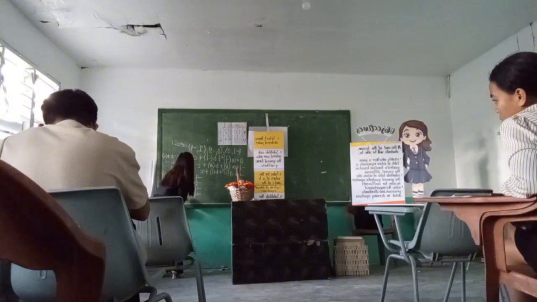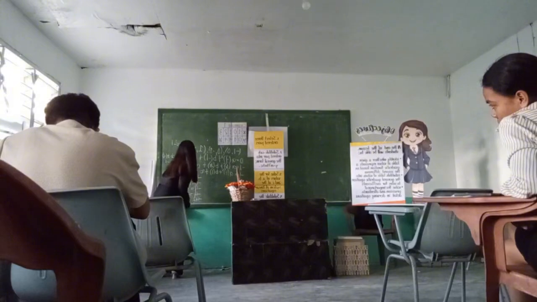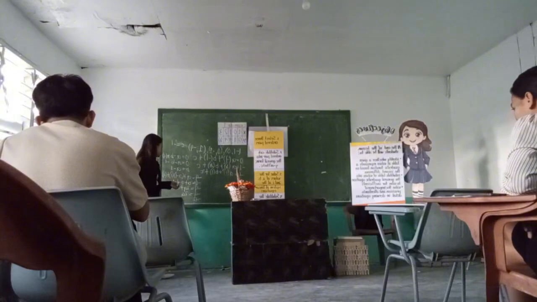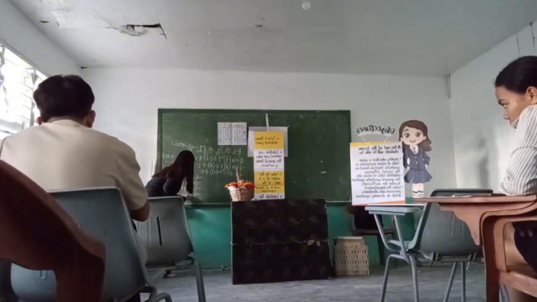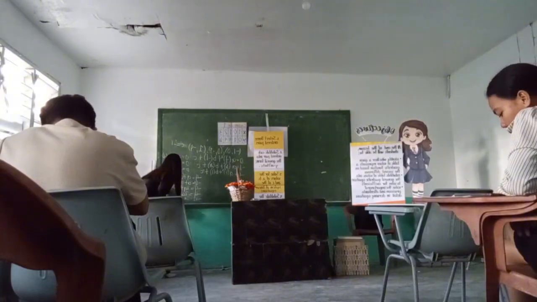So it will become negative 4 plus 2. Since we transpose the negative 2, its sign will change to positive, equals 2A. So we have negative 2 equals 2A.